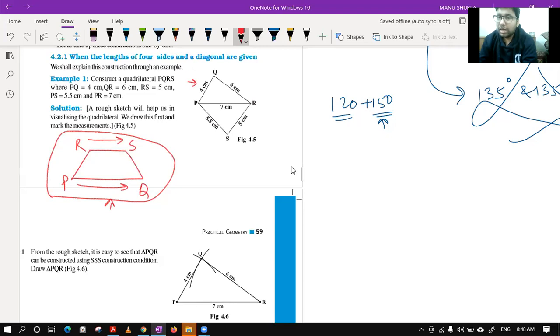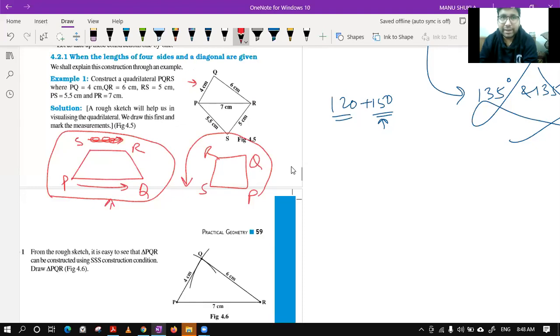No. I have told you that you have to go in a continuation way. So this will be your R and this will be your S. In continuation, you can go in whatever way you want. You can make it this way also, P, Q, R, S. That is fine, but it should go in a continuation. This is your rough diagram.